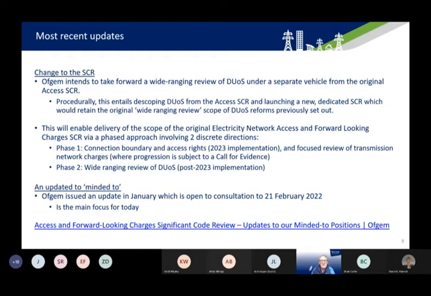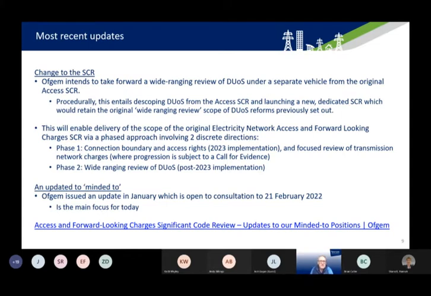But again, that's not going to kick into, I think, 2025 at the earliest. So that's another bit of work that they've consulted on, and again, the final decision is imminent, but I think that's very much a clear direction of travel for them.